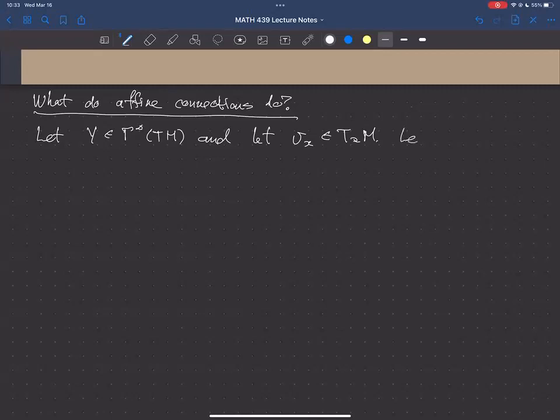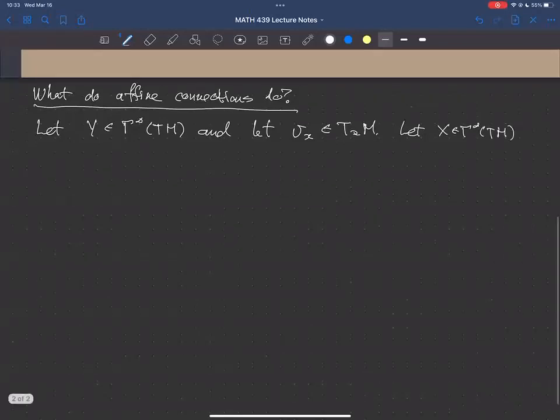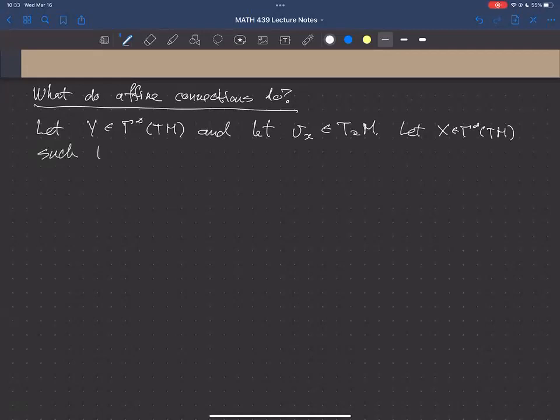And that is, you say let X be a vector field such that X at x is equal to V_x.